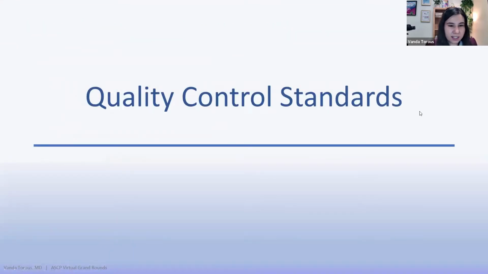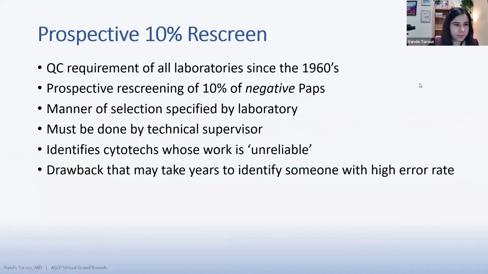So quality control standards. So first, we have the prospective 10% rescreen. So this was a QC requirement of all laboratories since the 1960s. So this predated CLIA 88, but it was reaffirmed by it. And it's the prospective rescreening of 10% of negative Paps.